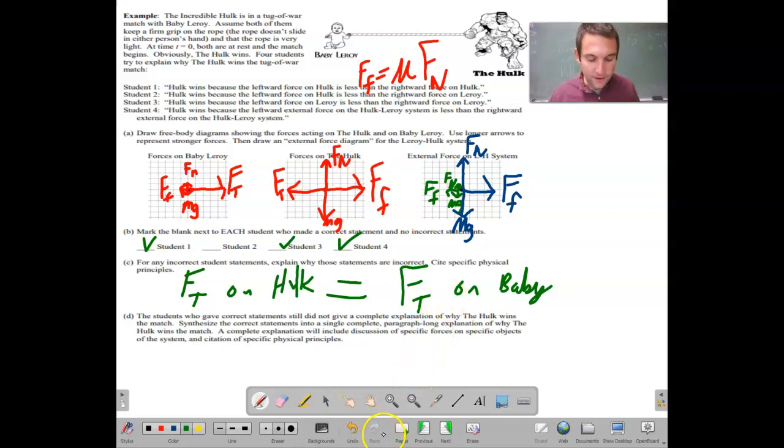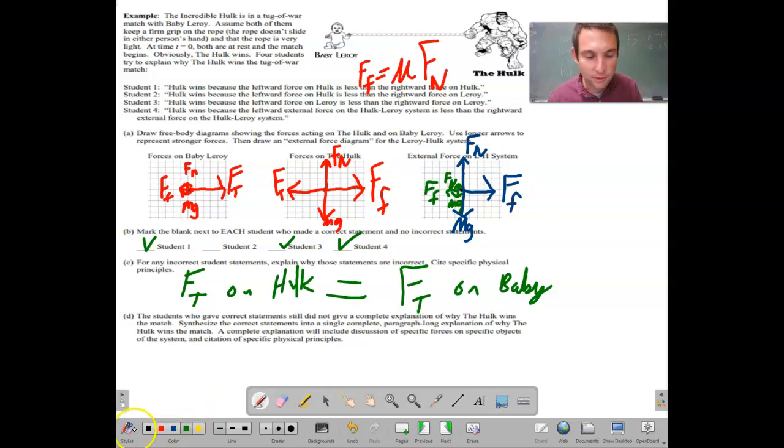All right, and then finally for D, the student who gave correct statements still did not give a complete explanation why. Synthesize the correct statements into a single, complete, paragraph-long explanation of why the Hulk wins the match. A complete explanation will include discussion of specific forces on specific objects of the system and citation of specific physical principles.